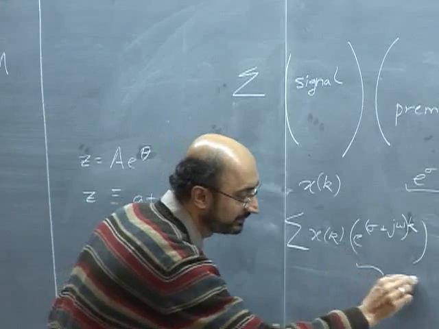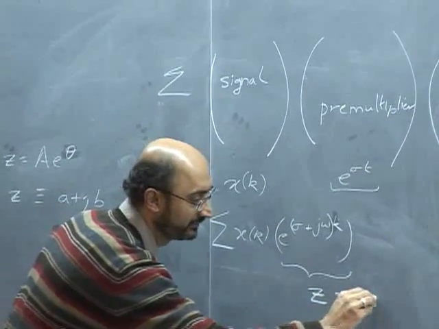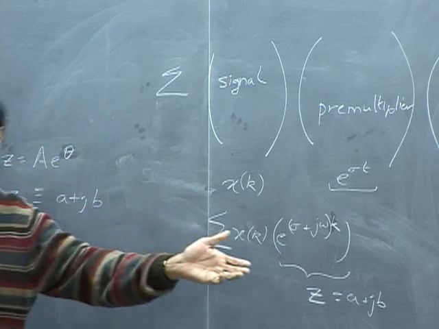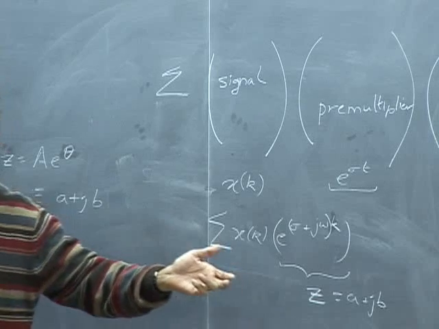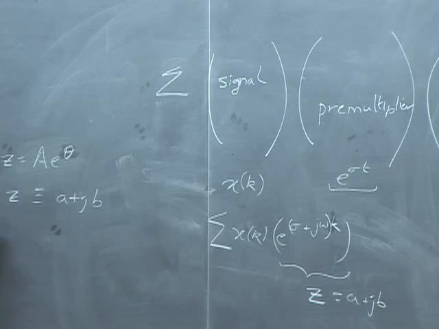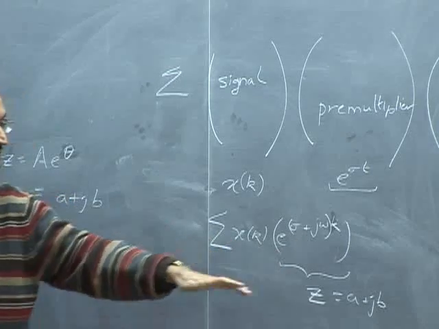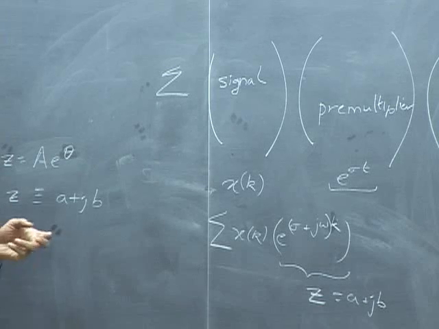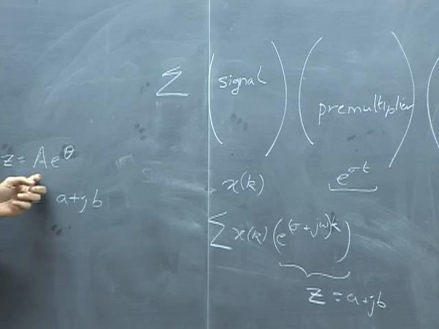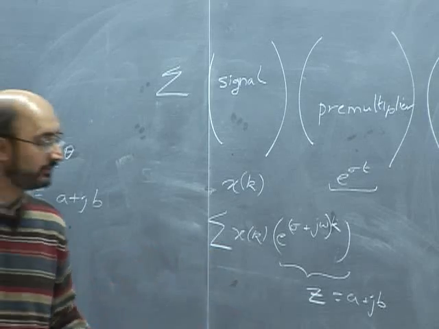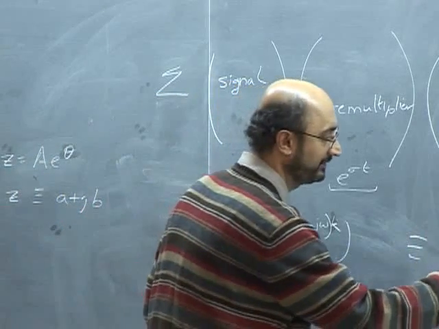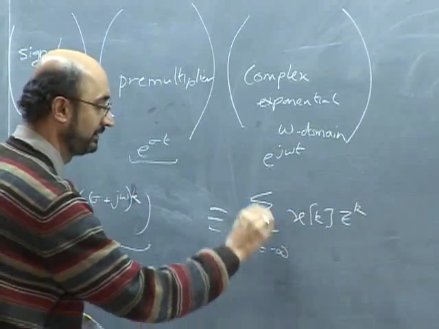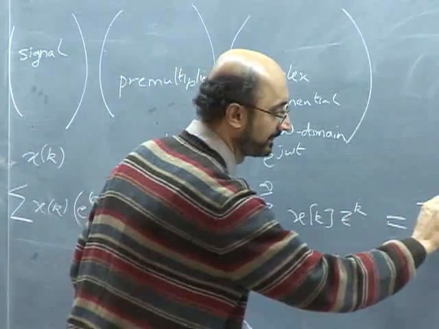Therefore, we could replace this with z equals a plus jb, where the magnitude is the square root of a squared plus b squared, and the phase angle is given by tan inverse of b over a. Those are the rules for converting from a plus jb form to the exponential form. And so, in fact, we can rewrite this as the sum of x_k z to the minus k, for k equals minus infinity to infinity, and this in fact is the Z transform.